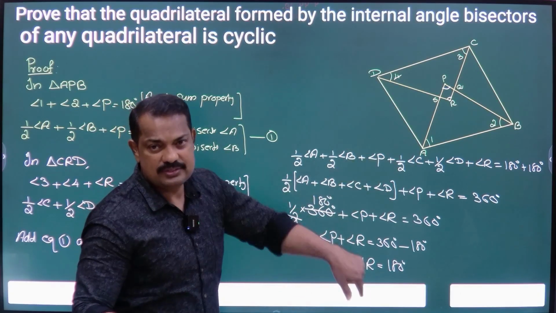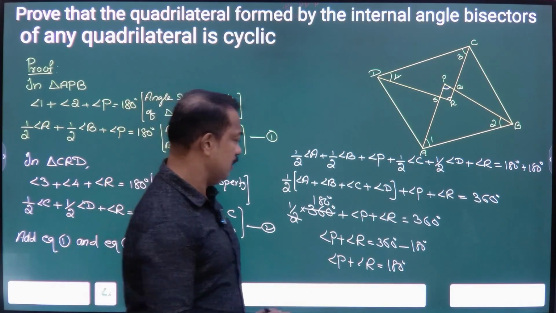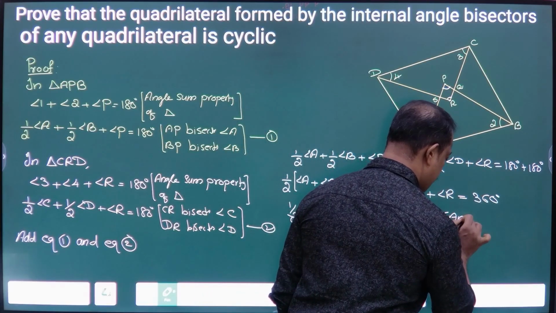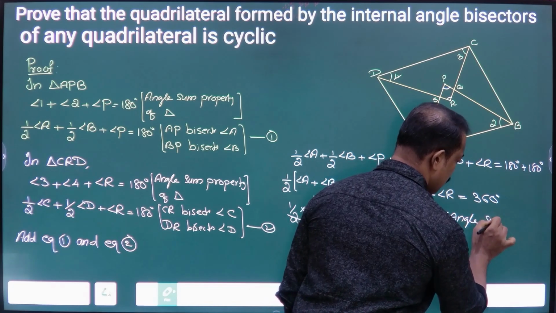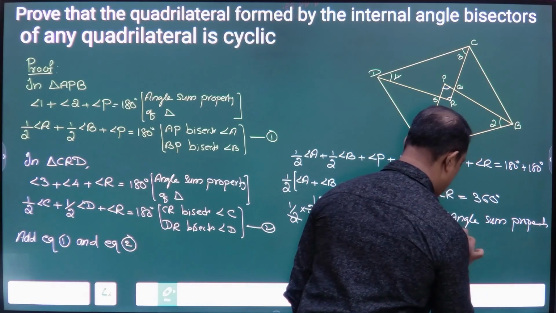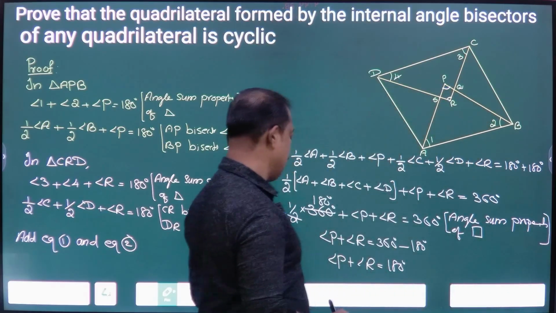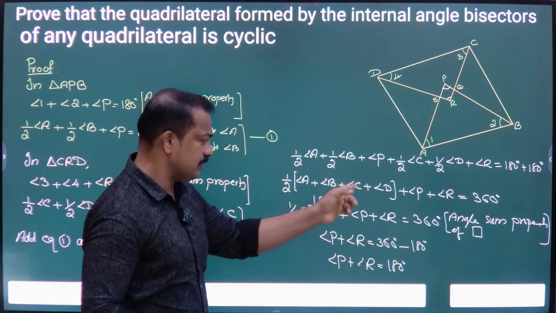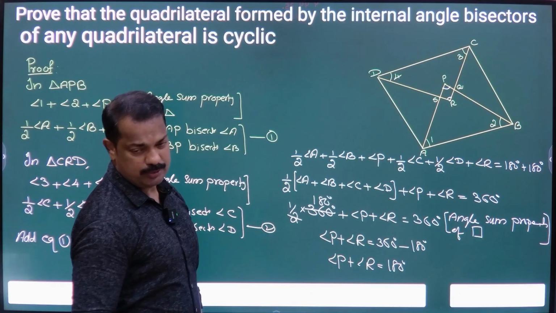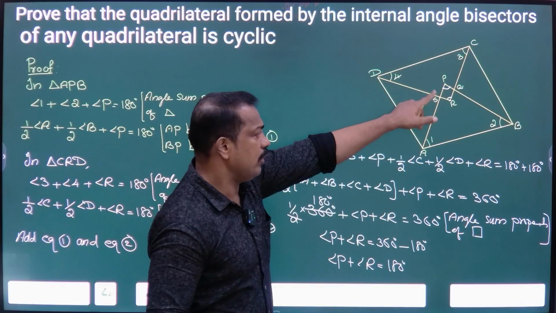So PQRS is a cyclic quadrilateral. इधर क्या reason रहना चाहिए? Angle sum property of a quadrilateral, है ना, angle A plus angle B plus angle C plus angle D equal to 360 degrees. So the sum of the opposite angles of the quadrilateral is 180 degrees.